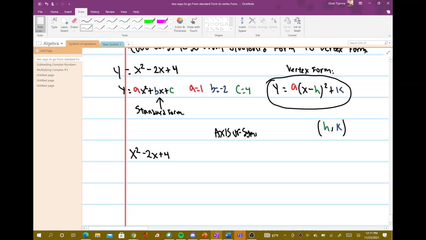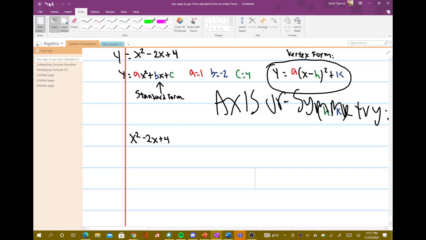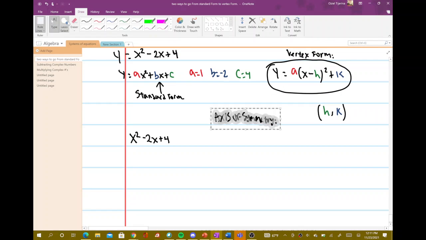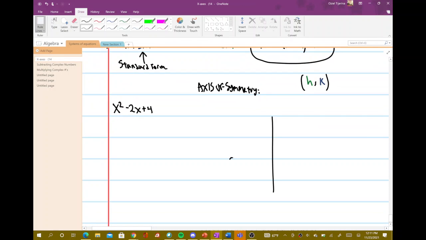If you don't know what the axis of symmetry is, it is the line in a parabola that, kind of, so if we have a parabola like this, and this is our vertex right here, right? Of course, it's not drawn to scale, but this is our vertex.